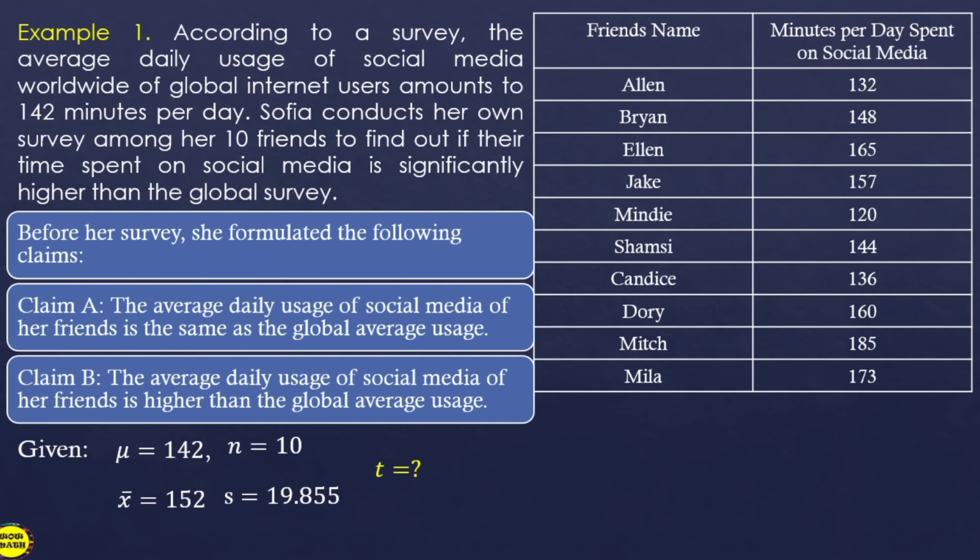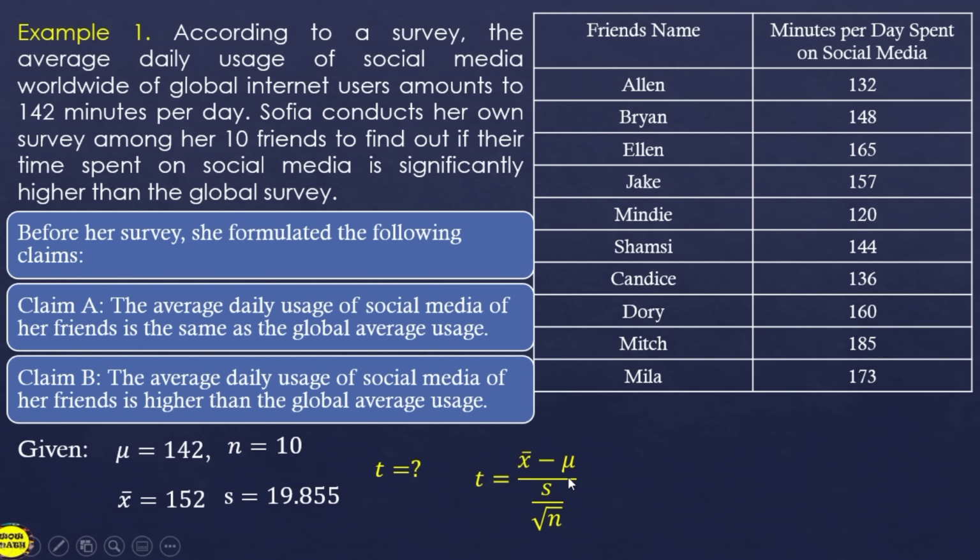In the lesson on illustrating the t-distribution, the formula was discussed. We know that when our sample size is less than 30, we use the t-distribution. The formula is the sample mean minus the population mean, divided by the sample standard deviation over the square root of the sample size.